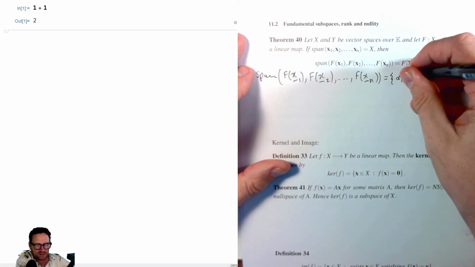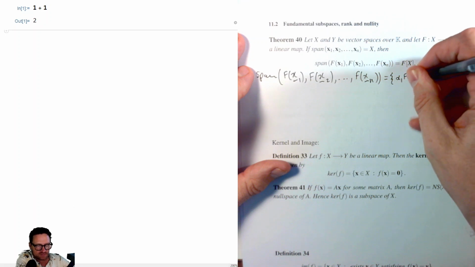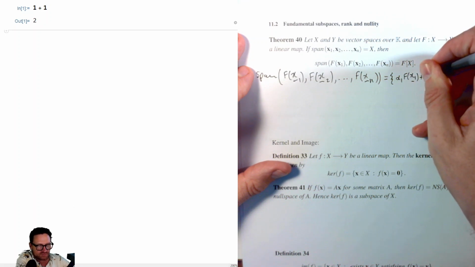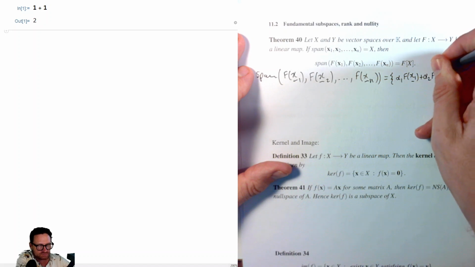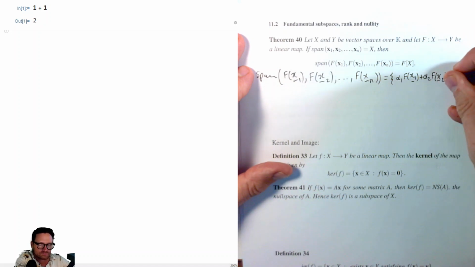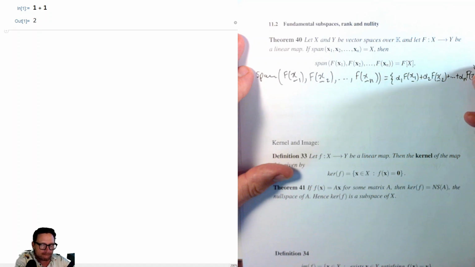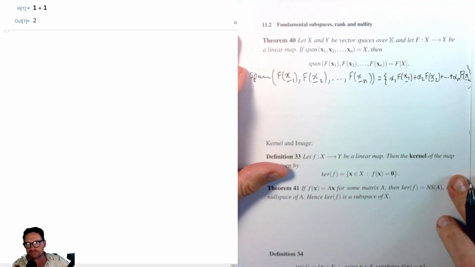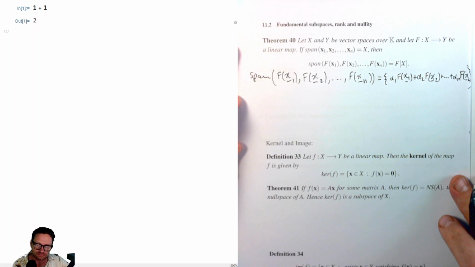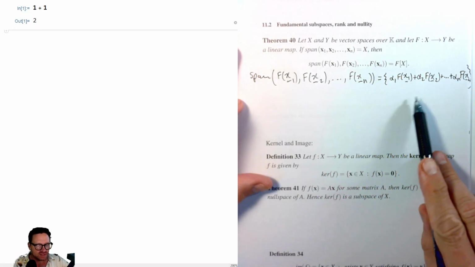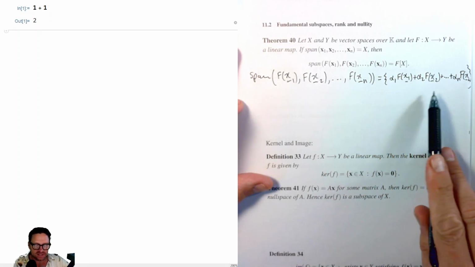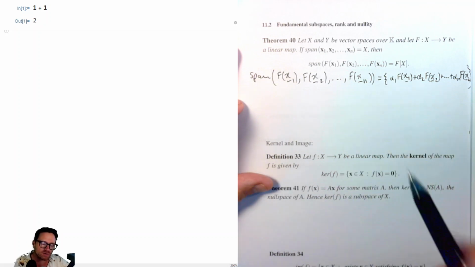So alpha 1 f of x1, alpha 2 f of x2, alpha n f of xn. Now, since we have a linear map, we can express this by pulling the f out.